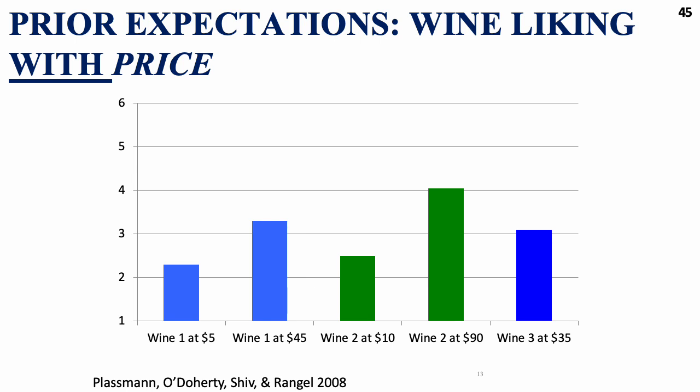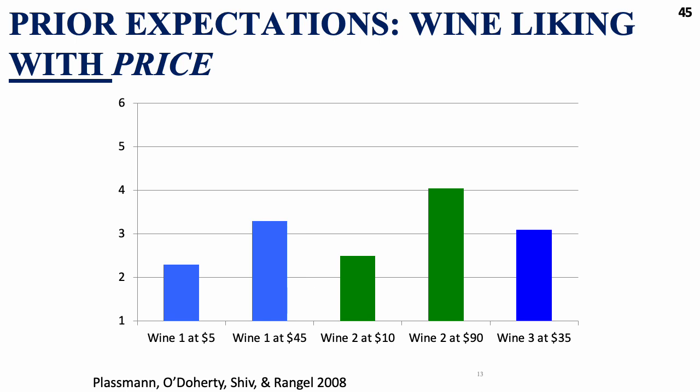Wine two was liked significantly more when consumers were told that it was $90 versus $10. And then wine three, they just said was $35, and you see how much people liked it. Even though people seem to like wine three, you can still notice the pattern that they don't like it as much as they like wine one at $45 or wine two at $90.